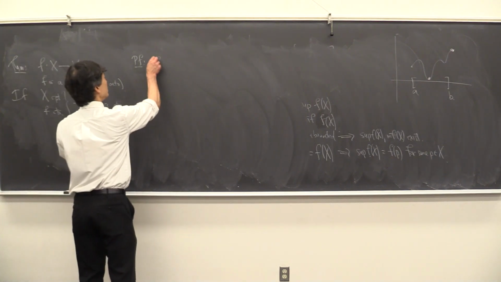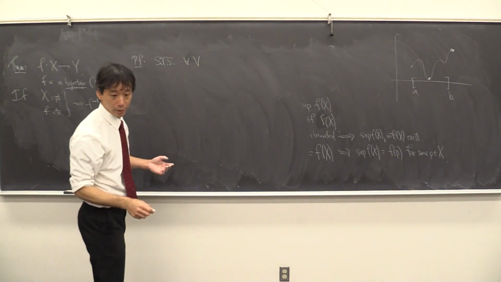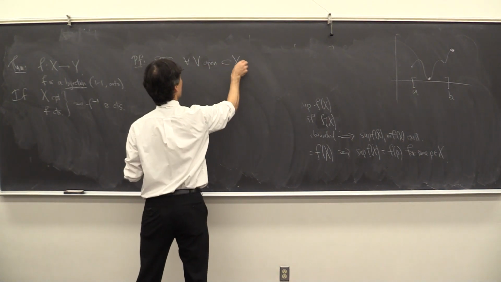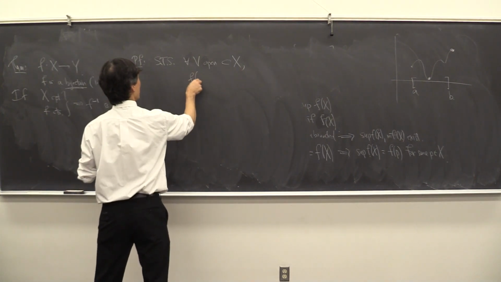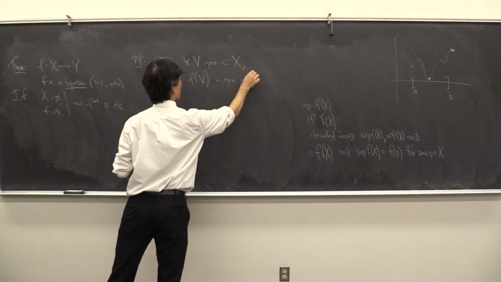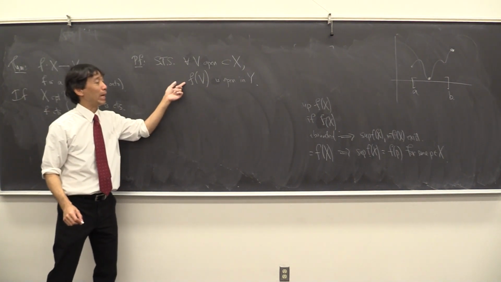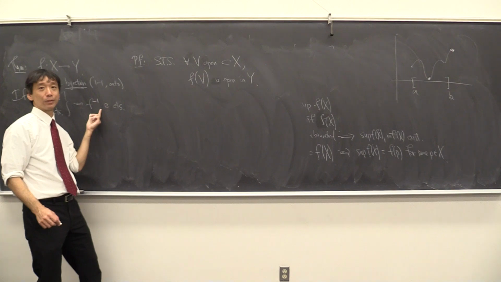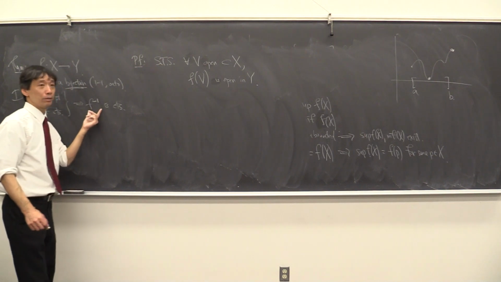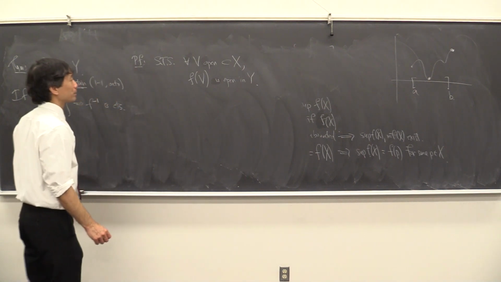So it suffices to show that for all sets V that are open in X, f of V is still open. It's because this is the pullback through the inverse of the inverse. So you're going forwards through f.